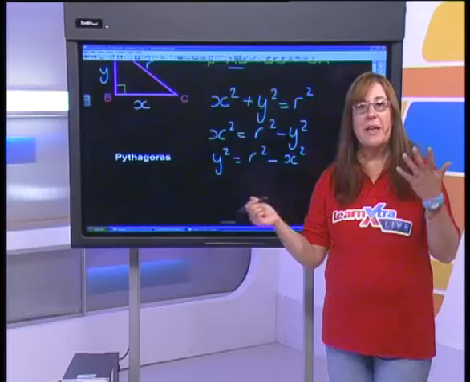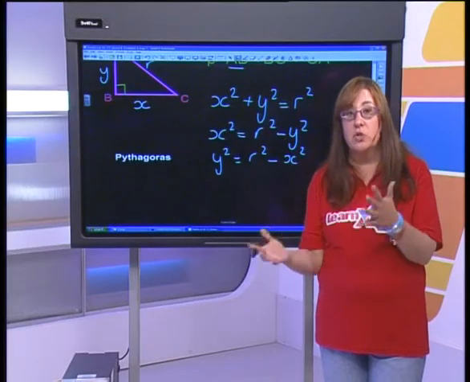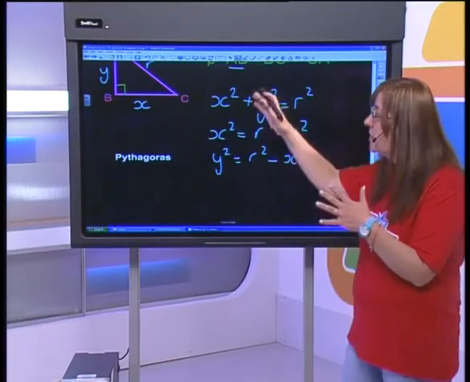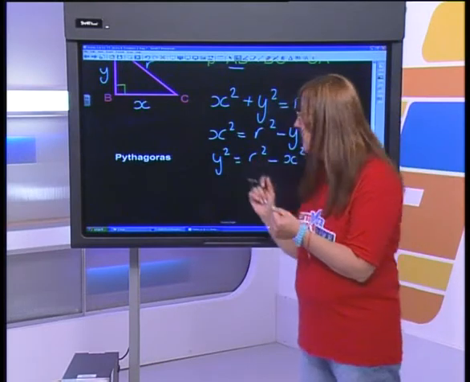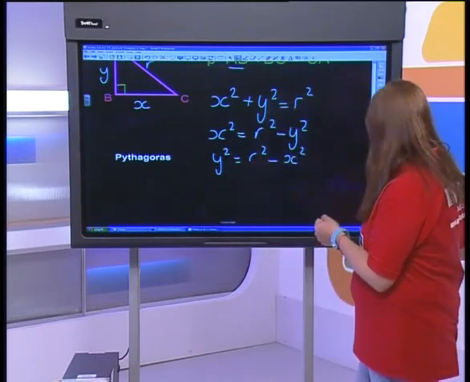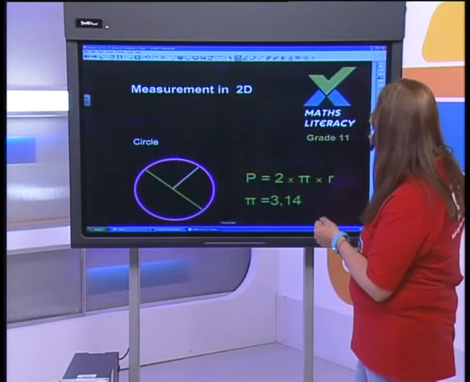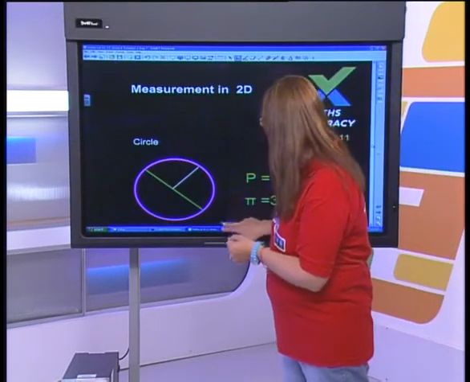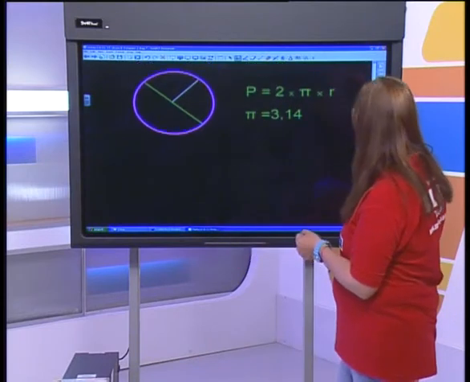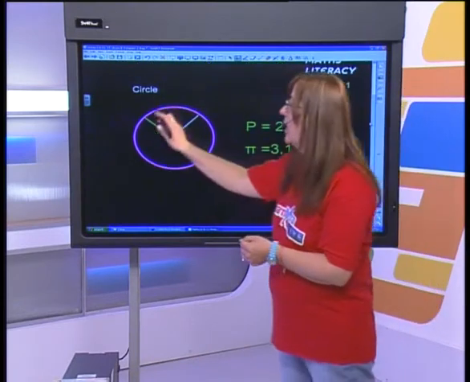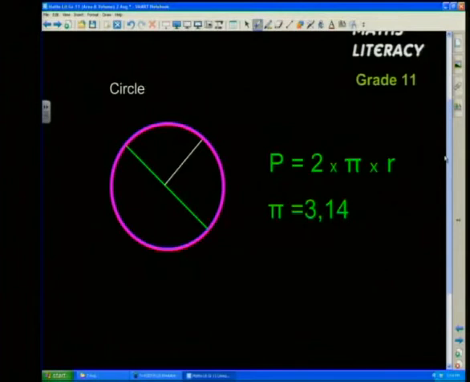I think we'll have some calculations with this later in the lesson, but it's just a matter of practicing how to do this. So I'm going to move on to the circle. The outside of the circle is also called the circumference.